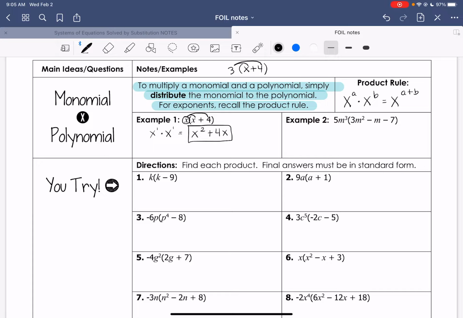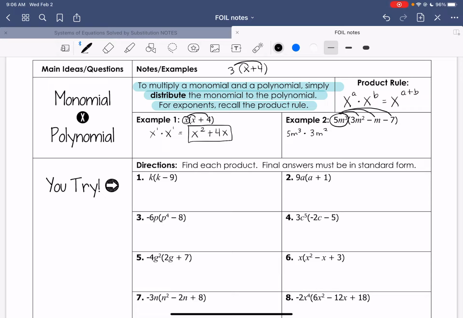So that is the distribution there. On this next example, we are distributing 5m cubed to everything inside of the parentheses. So we're multiplying it times the 3m squared, the negative m, and the negative 7. So in this instance, we're taking 5m cubed and we're multiplying it times 3m squared first.